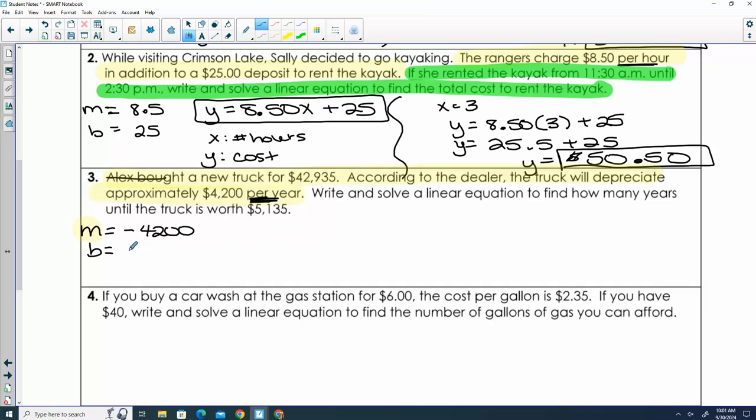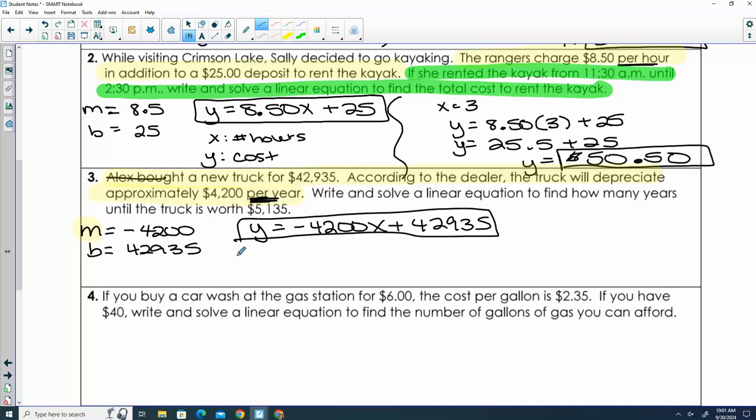B, the y-intercept. What's the one-time thing? 42,000. Right, the cost of his truck. So y equals negative 4,200x plus 42,935. That is my equation.